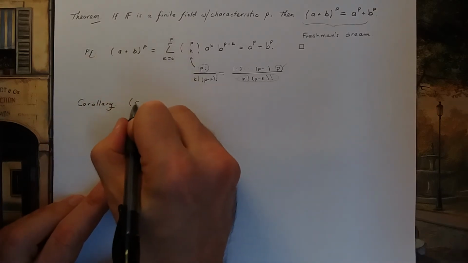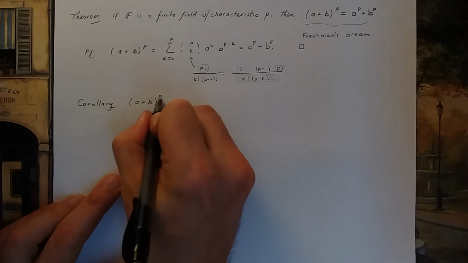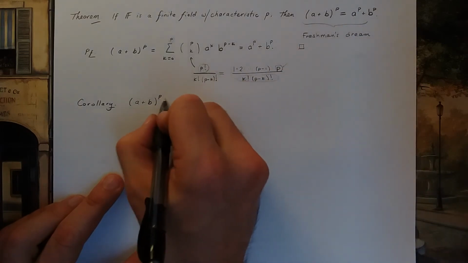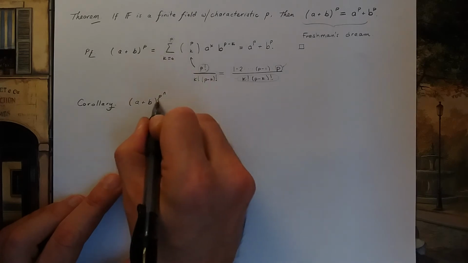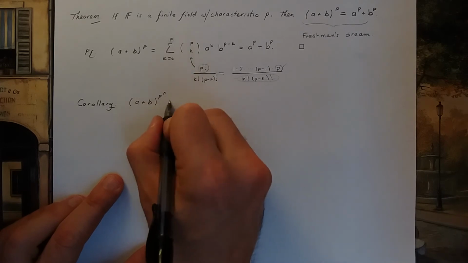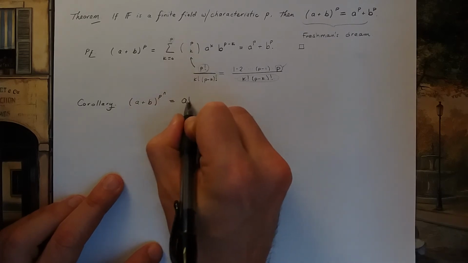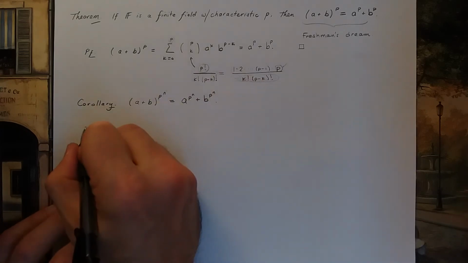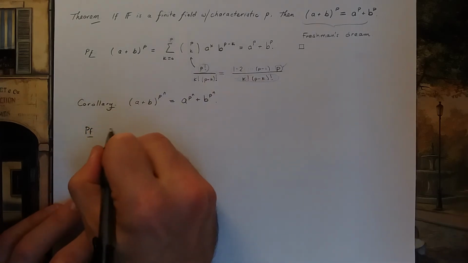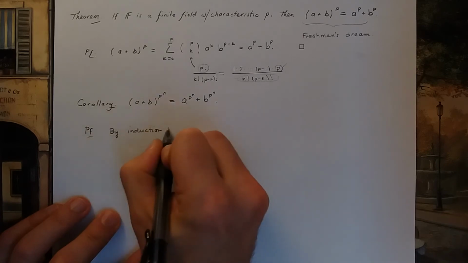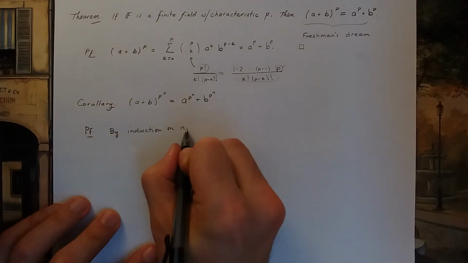Not only is (a + b)^p some simple combination of a and b, but so is (a + b)^(p^n) for any power n. This is equal to a^(p^n) + b^(p^n). We'll prove this by induction on n.